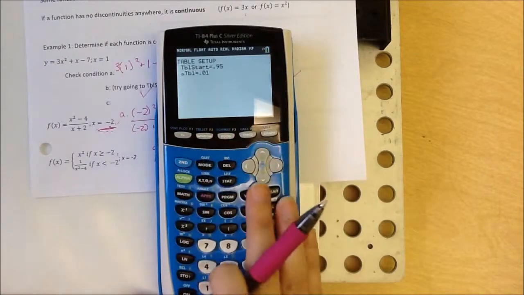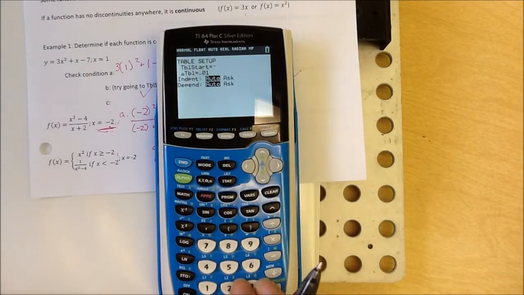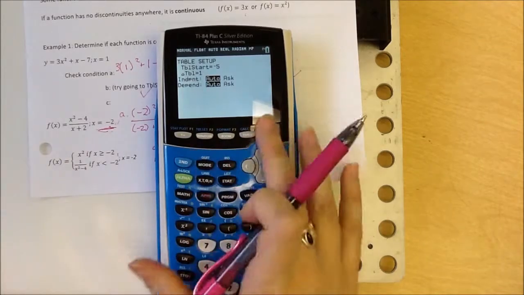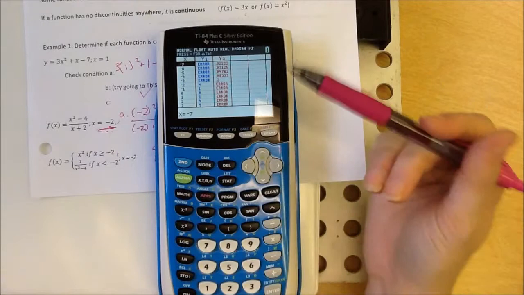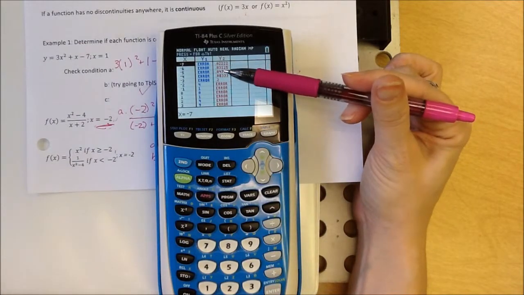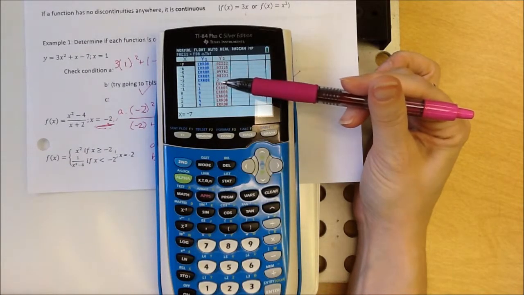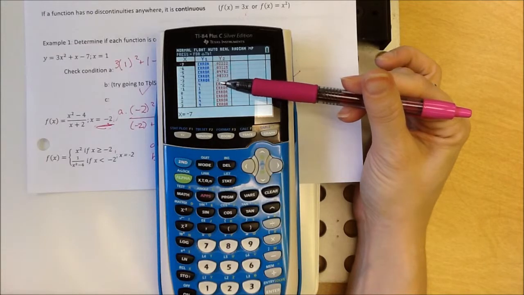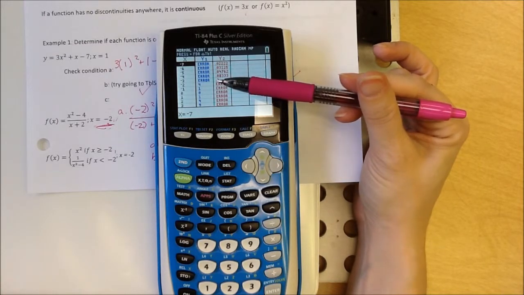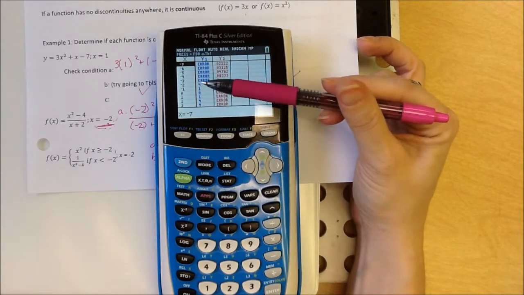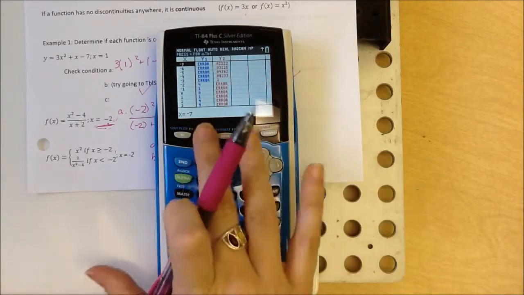Okay, we are looking around the area of negative 2, so let's say starting at negative 5. From the values below negative 2, 0.02, 0.03, 0.04, 0.08, 0.2. It's getting bigger. I'm not quite sure what it's approaching though. Let's get closer.